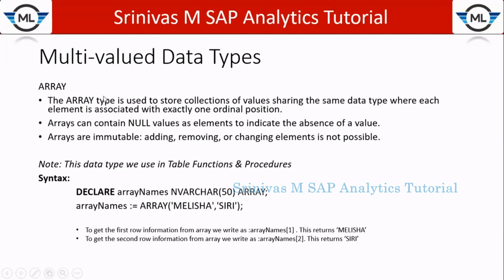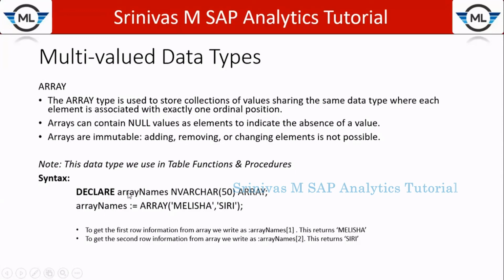So how to define a variable of type array? Declare array names, this is the variable name I am giving, then Nvarchar 50 of 5, and after that I need to define the array here. Without this array statement, it is a simple variable of type Nvarchar.